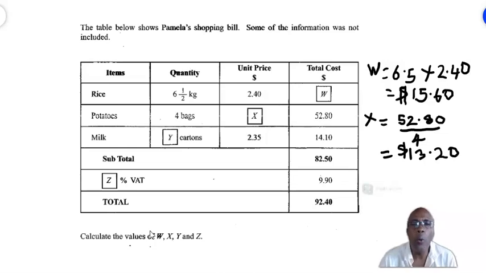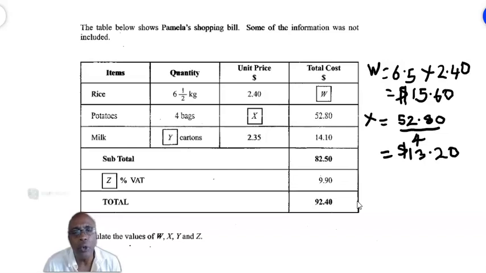Let's go to Y. Y is in the milk row, and Y cartons were bought. So we have to find how many cartons. We have it's $2.35 per carton. The total cost is $14.10. So again, we can find Y by dividing $14.10 by $2.35.